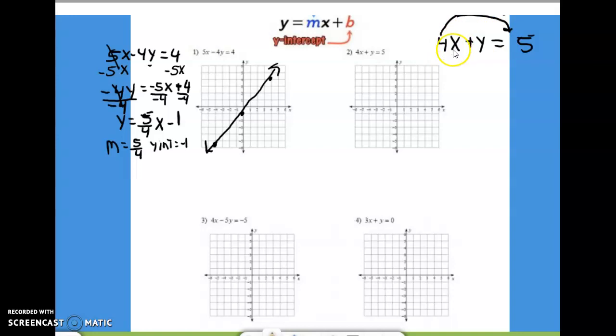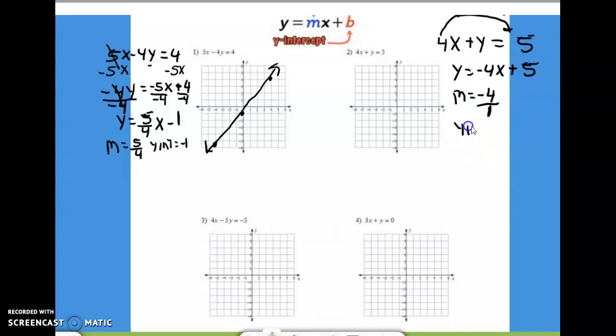That means whatever it is over here, once I move it over, it's going to be opposite. So if it's positive 4x, it's going to turn into negative 4x. Now y is by itself, and I have my slope. Remember, if it's an integer, you're going to put a 1 under it.